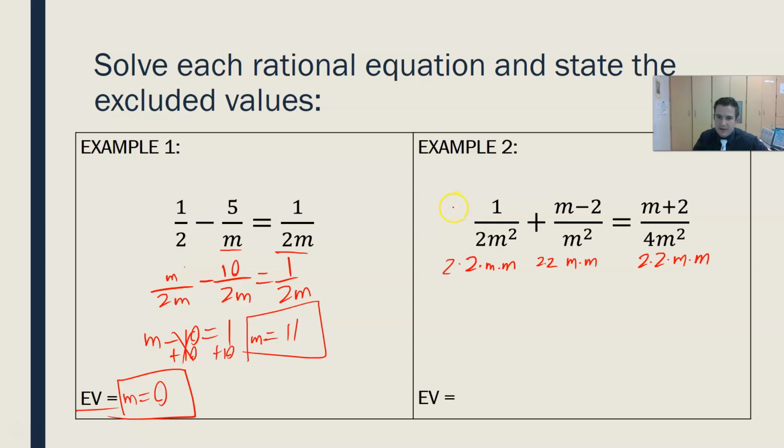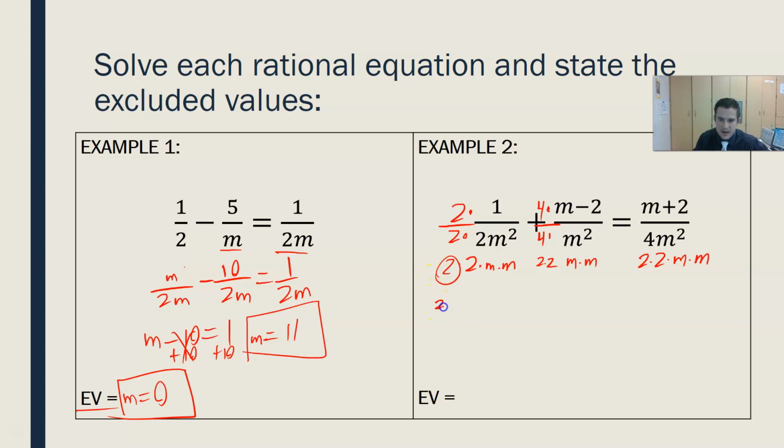So here I'm going to have to multiply by 2 over 2, because I needed an extra 2 in the bottom. Here I needed 2 extra 2's, or I need to multiply by 4 on the top and on the bottom. And that will make it so I have common denominators all the way across.